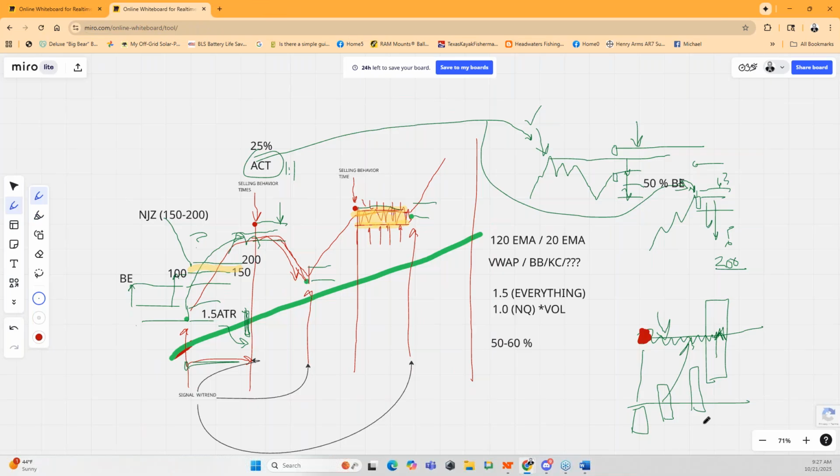This is a mechanical, discretion-free line of no return. We can point to it and say, if we're past the stop line of the sellers, there are probably no more sellers, because we were expecting it to go in the opposite direction.